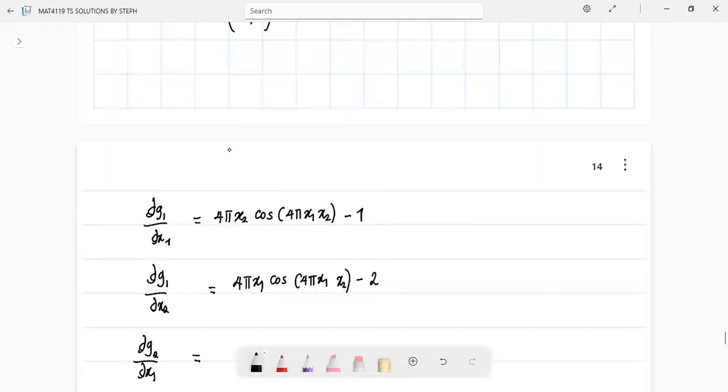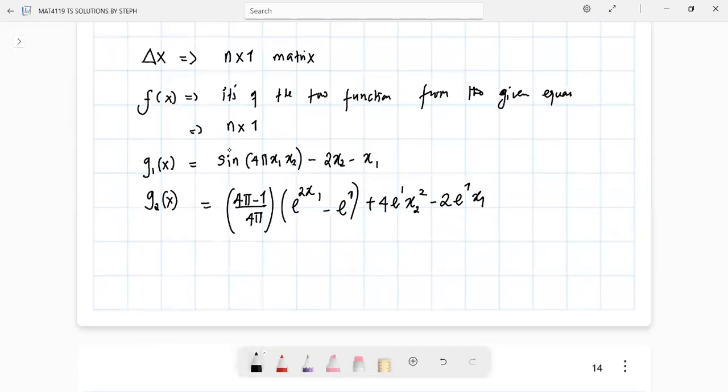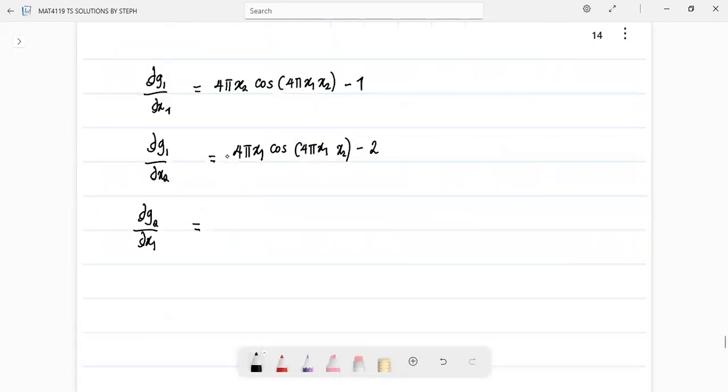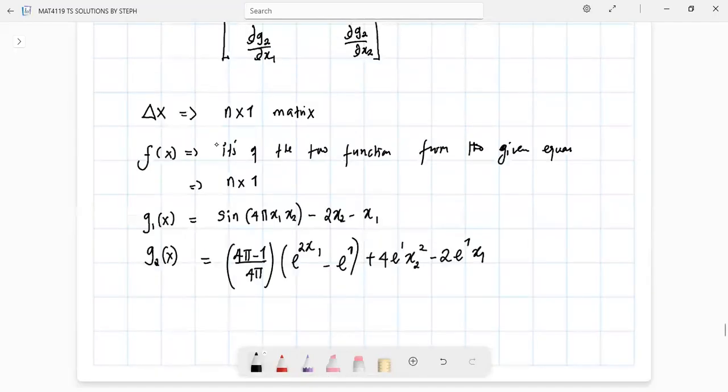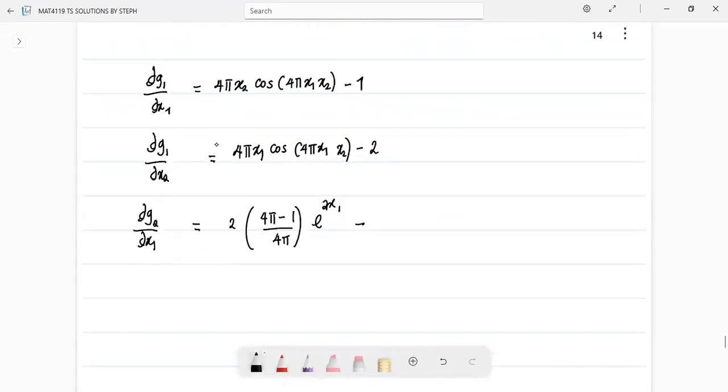If we differentiate this, we drop the power here, so we're going to have 2 times 4 pi minus 1 over 4 pi, e to the power 2x1, and then minus the other part, we just have 2e. That is the partial derivative with respect to x1.